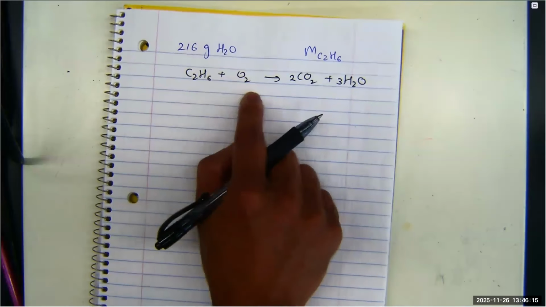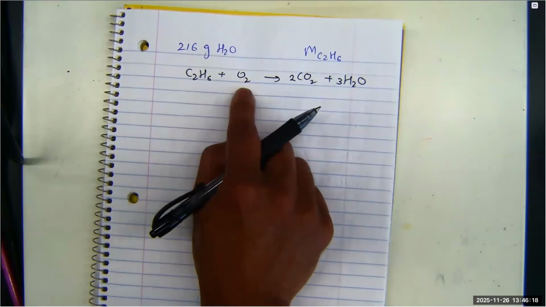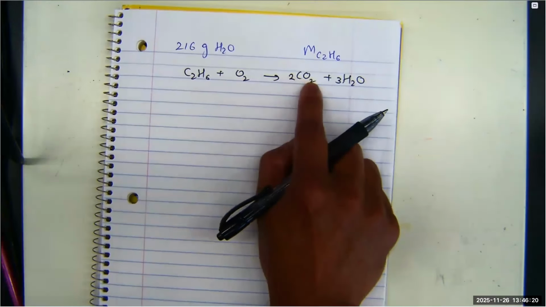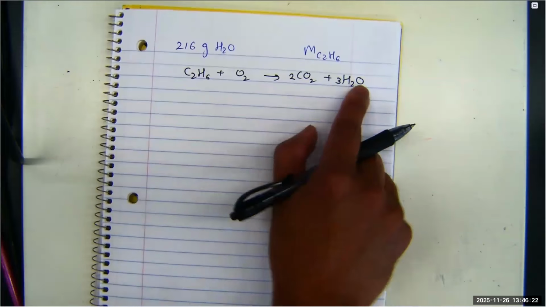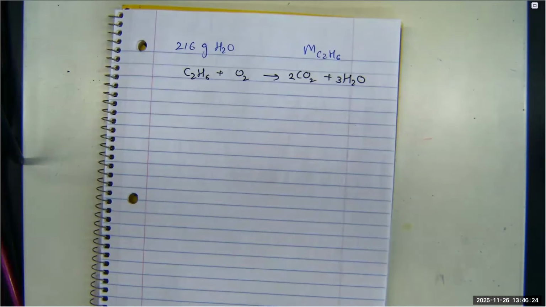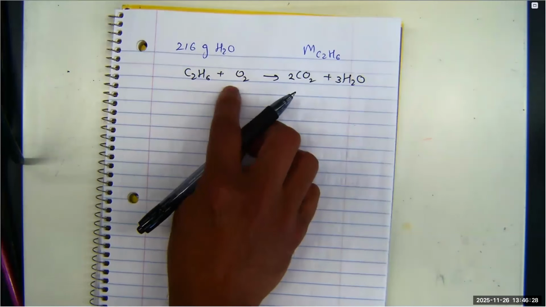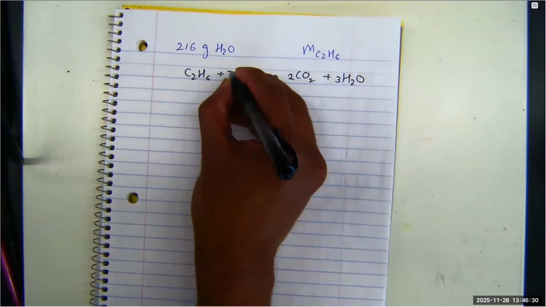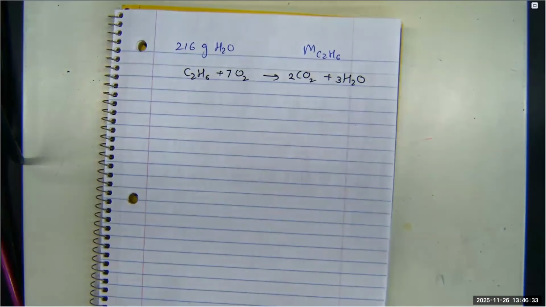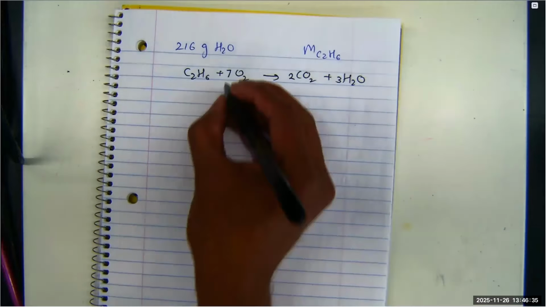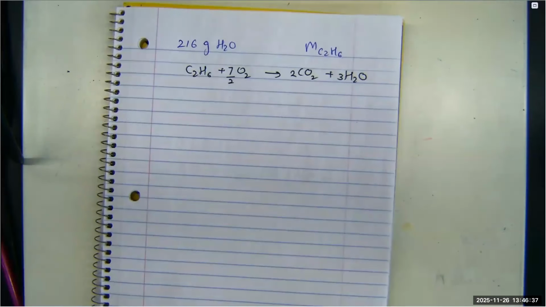Now I look at the oxygens. I have 2 oxygens on the reactant side. We have 2 times 2, 4, plus 3, 7 oxygens on the product side, right? So if I need to have 7 on the reactant side as well, I'm going to multiply this by 7, but that will give me 14 oxygens, not 7. Therefore, I'm going to divide this by 2.